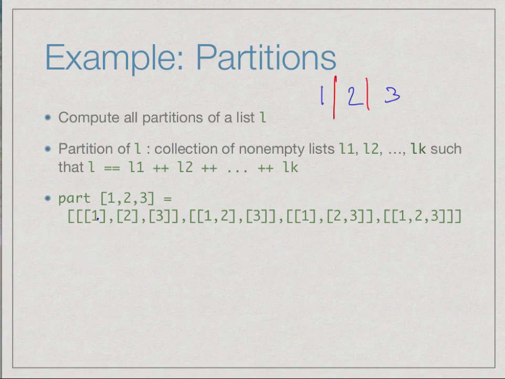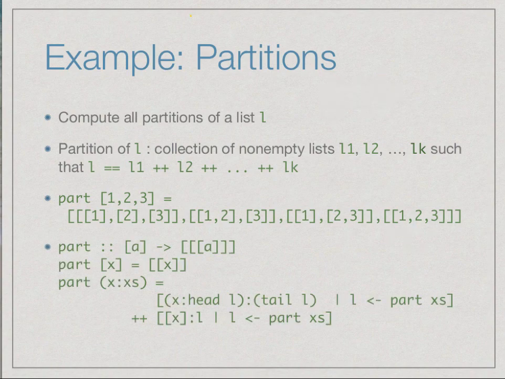The corresponding partitions are the list 1, the list 2, the list 3. Or I can put a partition here, in which case I get 1, 2 and 3. Or I can put a partition here, in which case I get 1 and 2, 3. And finally, I can put no partitions, right? So if I put no partitions, I just get a single partition containing the whole list.